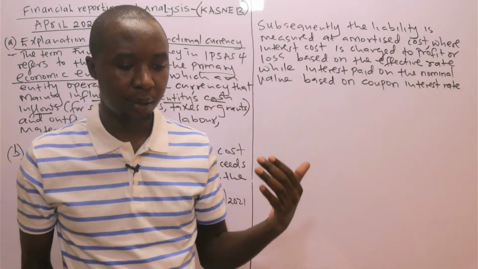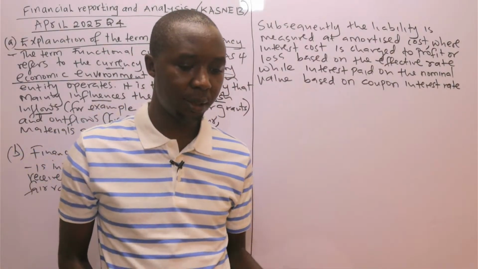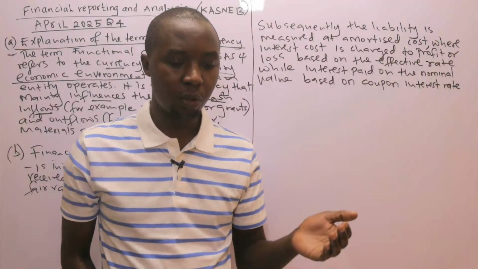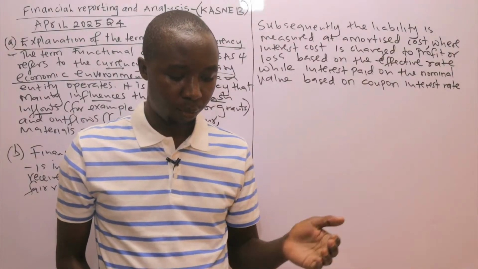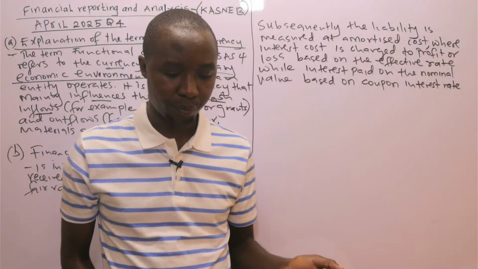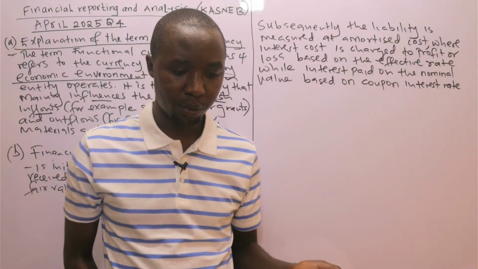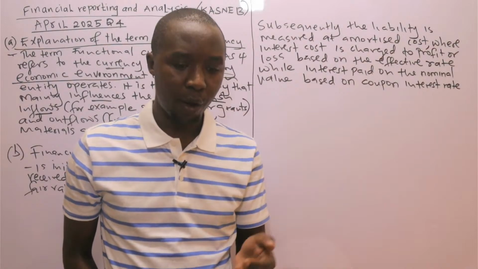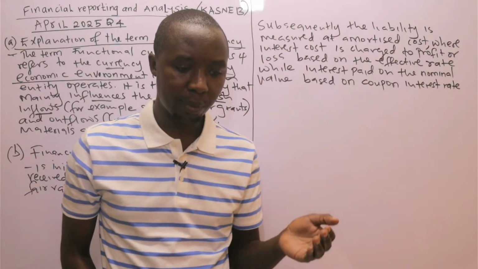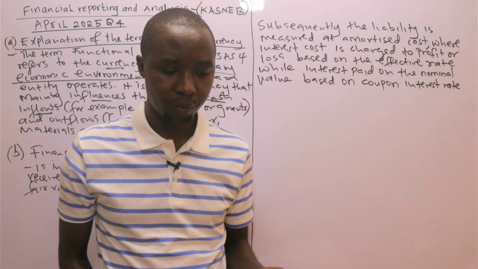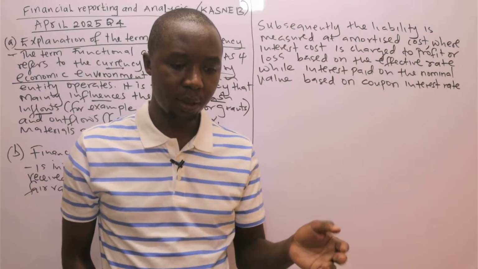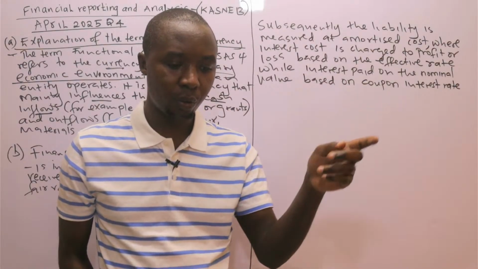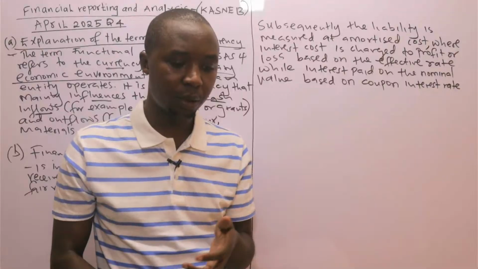So here there is a company called Trend, issuing 8% loan notes at a nominal value of 20 million, at a discount of 5%. The issue cost amounted to 1 million. The loan was redeemable in 2024, so we have 2021, 2022, 2023, 2024.